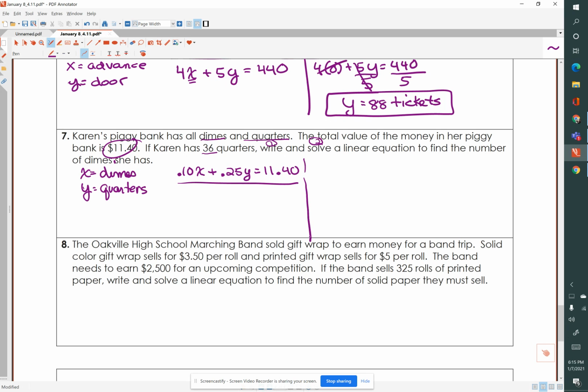Now let's solve the equation. If she has 36 quarters, we're going to substitute the quarters for Y and solve for X. 0.10X plus 0.25 times 36 equals $11.40.